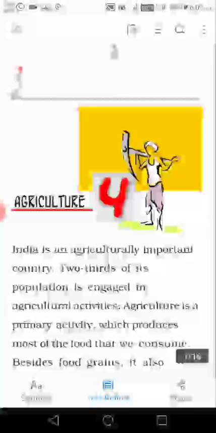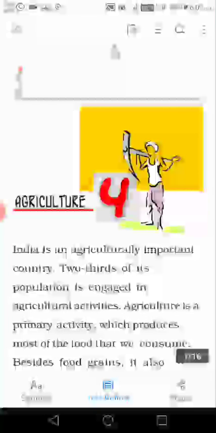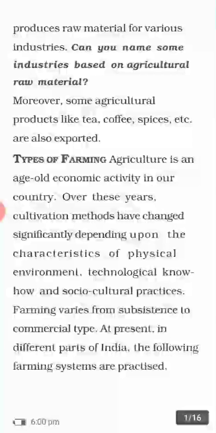Okay, so agriculture is important because it produces food that we consume, it produces the food grains, it also produces the material for different types of industries. So there are many industries based on the agriculture.